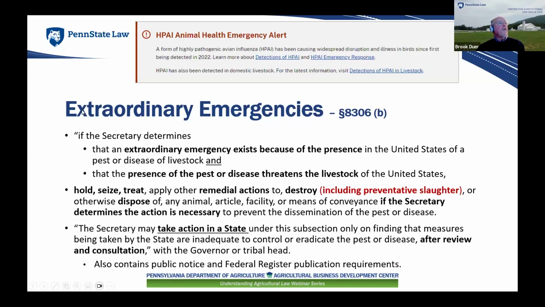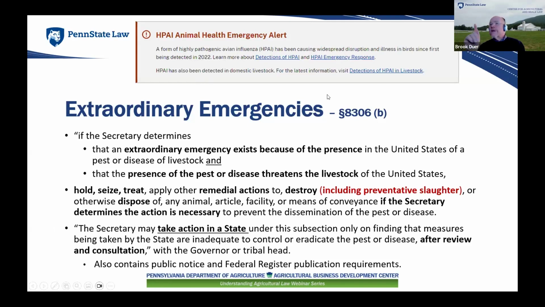Now, one of the things these extraordinary measures do is that the secretary may take action in a state under this subsection only on a finding that measures being taken by the state are inadequate to control or eradicate the pest or disease, after review and consultation with the governor or tribal head.